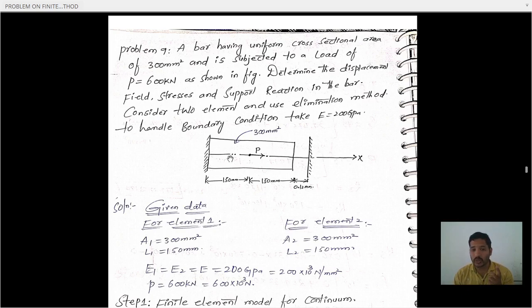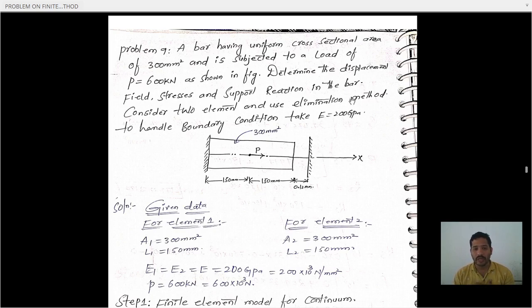Joining the first node to the second node forms the first element. Joining the second node to the third node forms the second element. Is it right? So for that reason we need to find out the stresses at element 1 and element 2, as well as the support reaction in the bar.